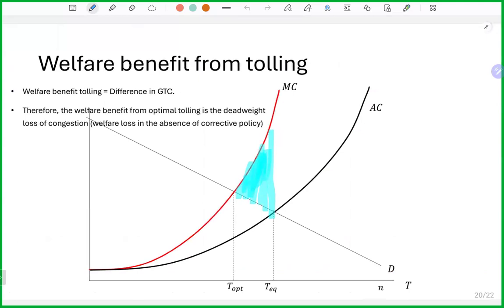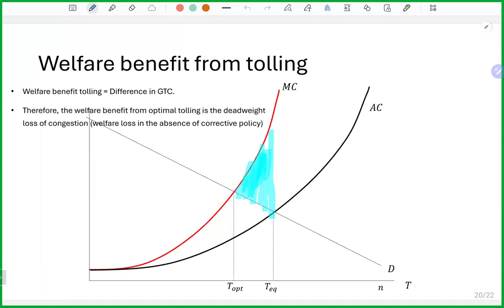This is the potential difference in the grand total cost before and after the congestion tolling policy. So under the assumption that this revenue is well maintained by the government, then the exact amount is returned back correctly. The original amount is correctly returned back to the taxpayer. Okay, but then under that assumption, potentially the society can gain by this amount.